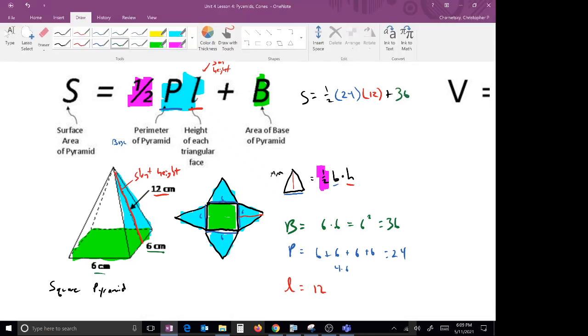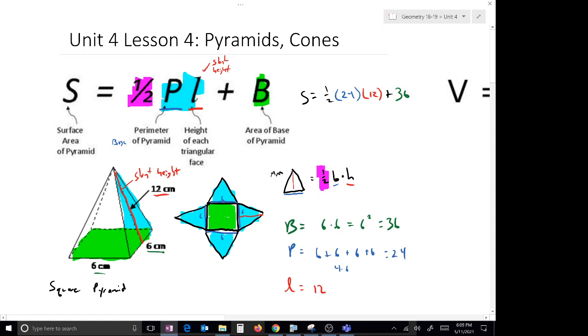A little math on this: 1/2 of 24 is 12, so we'll have 12 times 12 plus 36. 12 times 12 is 144, plus 36 equals 180. And our units would be centimeters squared.